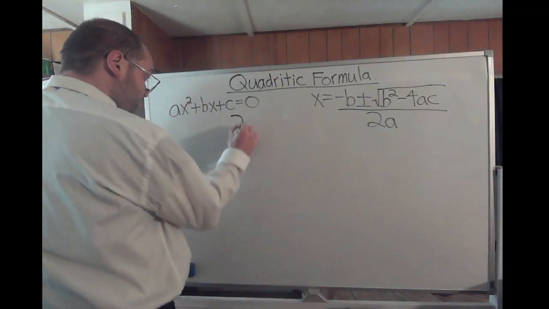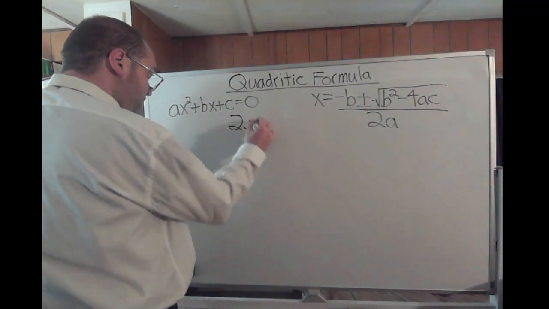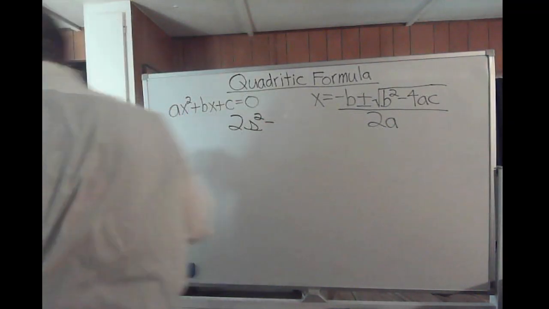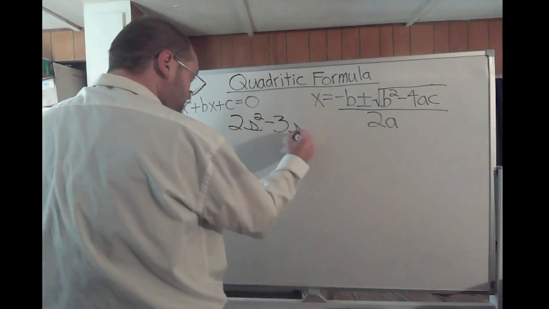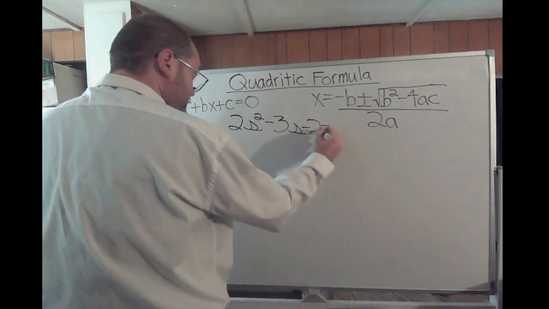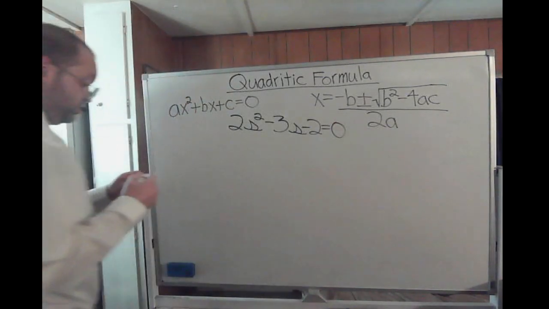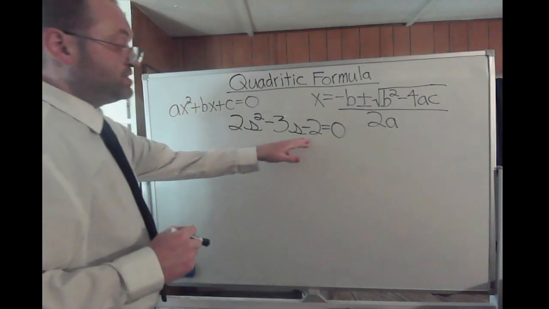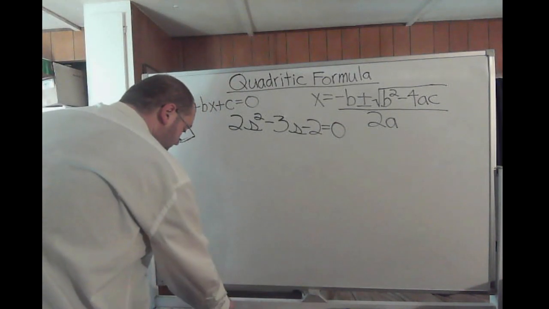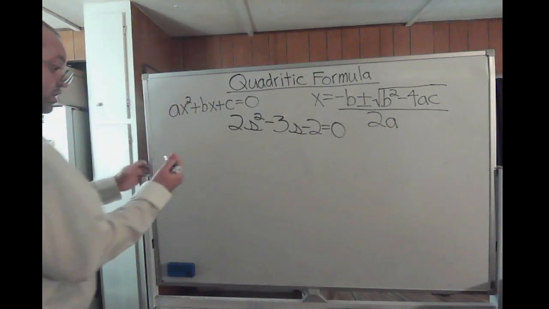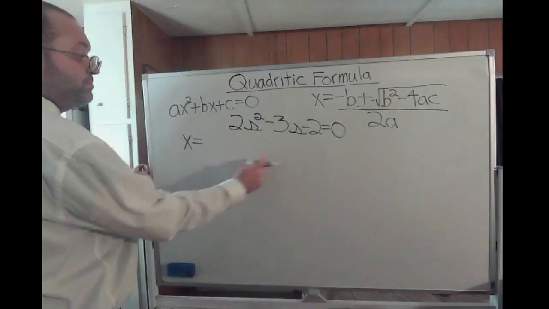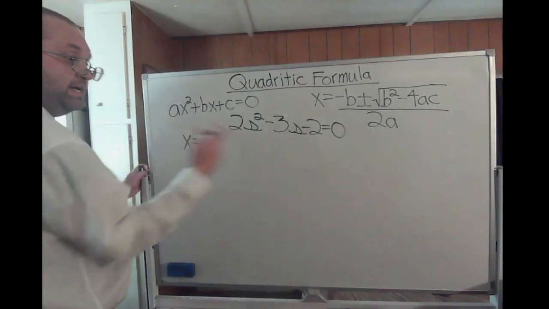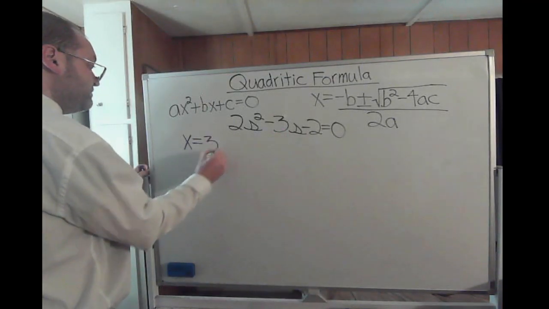We have 2s squared minus 3s minus 2 is equal to 0. So we got 2s squared minus 3s minus 2 equals 0. So let's do our quadratic formula here. X is going to equal the negative of b. Well, b is negative 3. Negative negative 3 is positive 3.